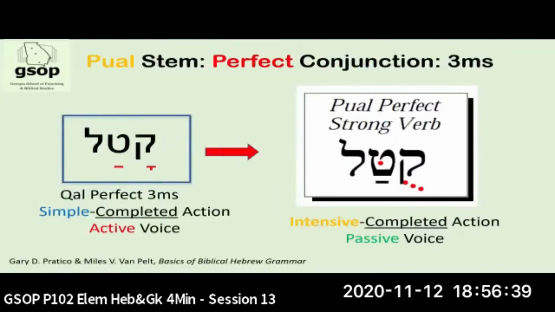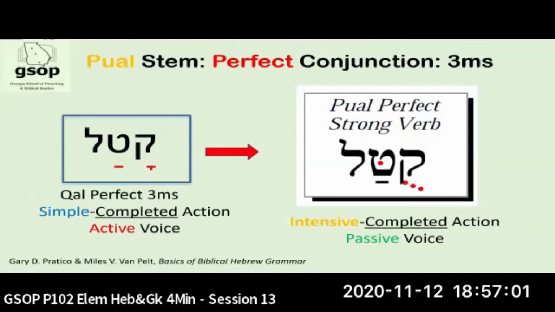And again, seeing the change from our Qal perfect third masculine singular, the active voice qatal, to intensive completed action passive voice, quttal. Qatal to quttal. And notice the qibbuts underneath it. There's not a whole lot of qibbuts used.